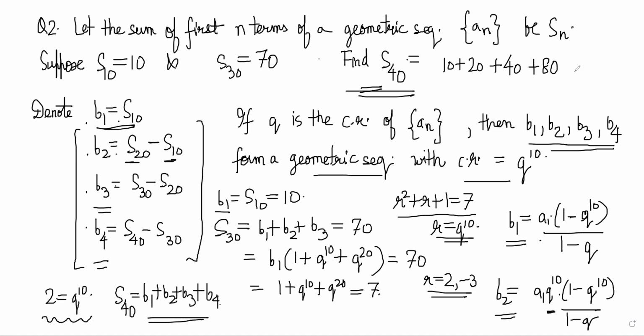So this becomes basically 70 plus 80 is 150. Obviously, there are other ways to do it, but this is the fastest way because you are spotting the pattern that the S10 and the S20 minus S10, B1, B2, B3, B4 sequence has a common ratio of Q power 10 if Q was the common ratio of the original geometric sequence, right?